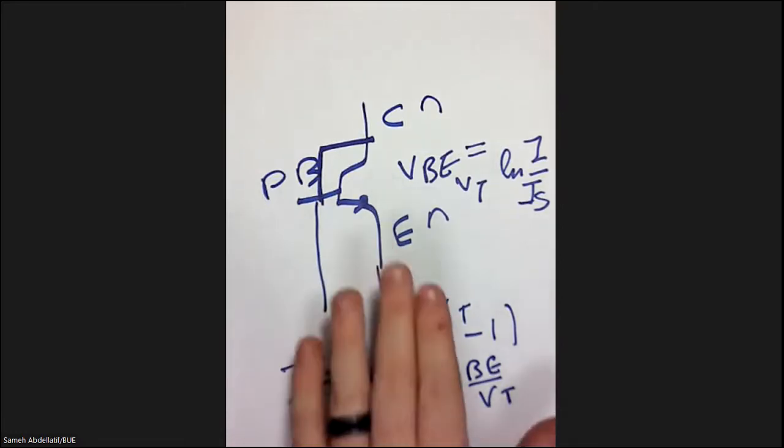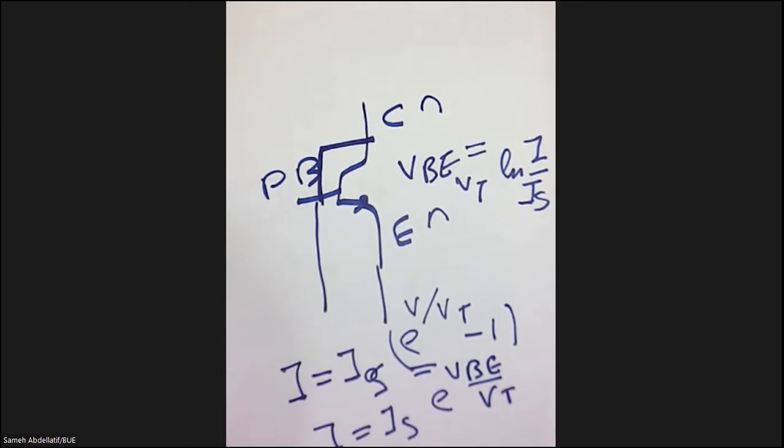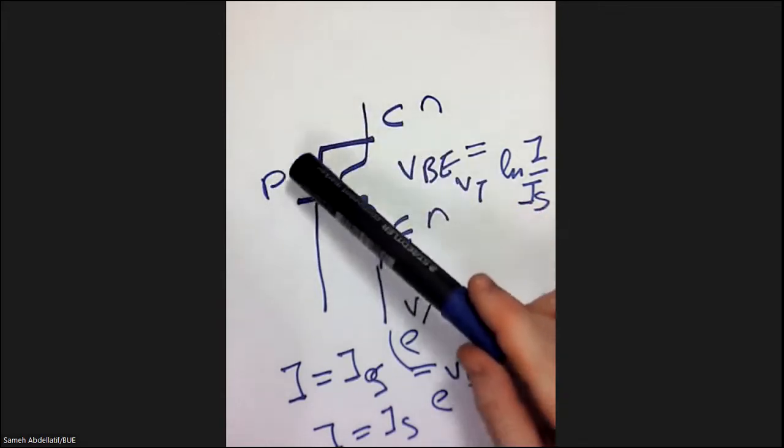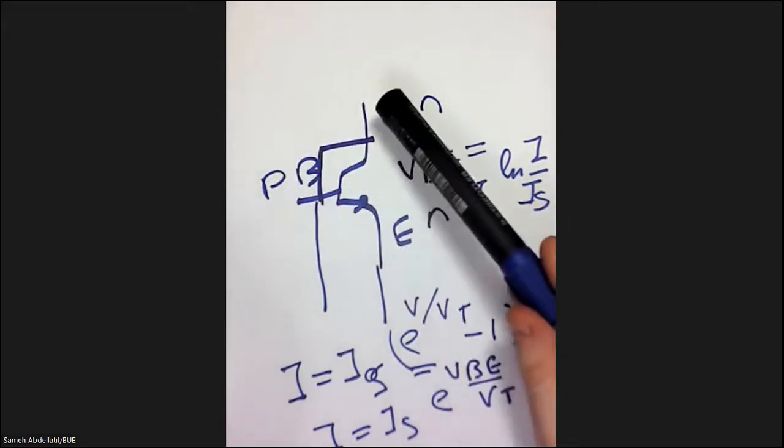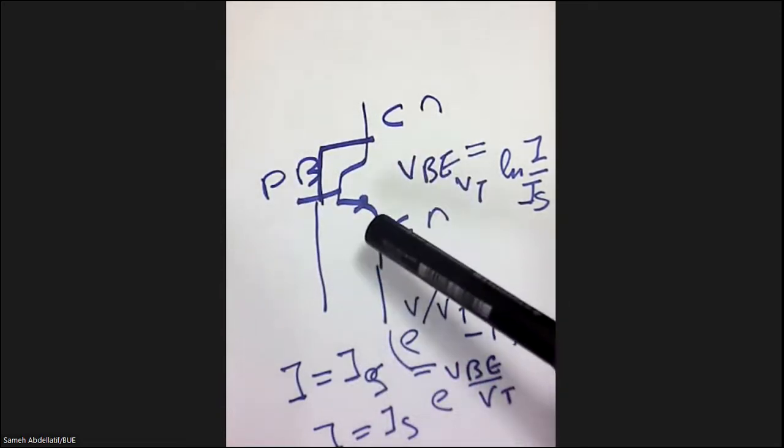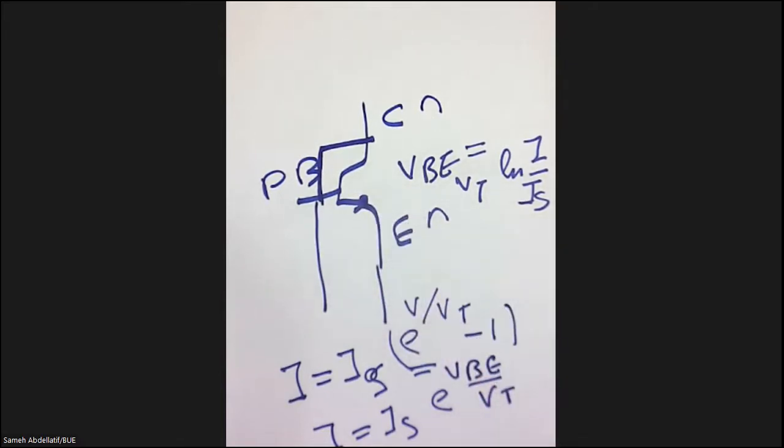So this is simply how you consider a bipolar junction transistor as a diode, by short circuiting the base-collector junction, keeping only the base-emitter junction working.